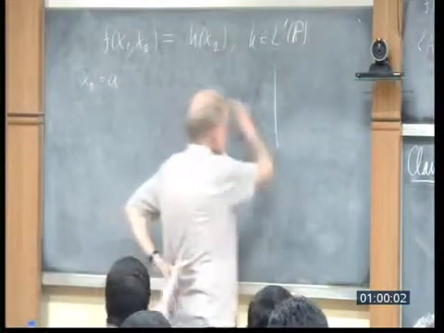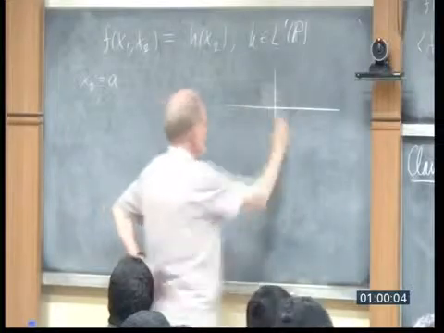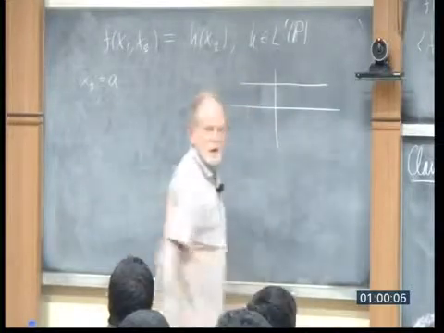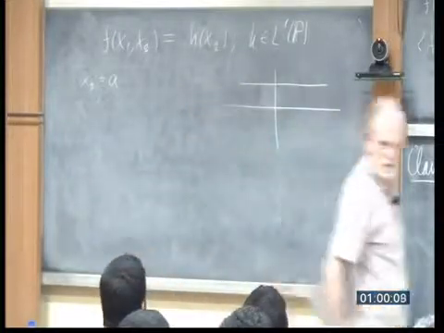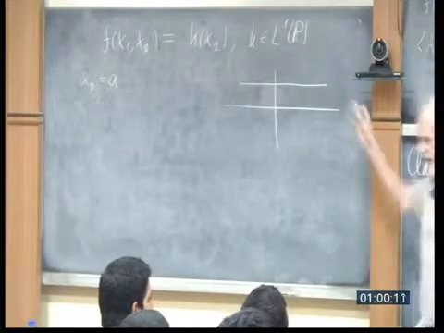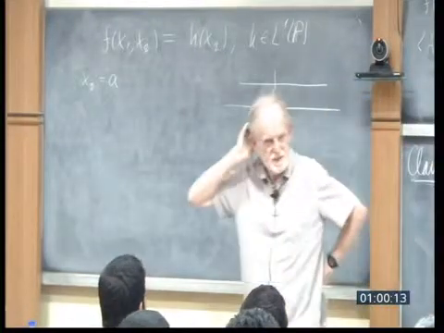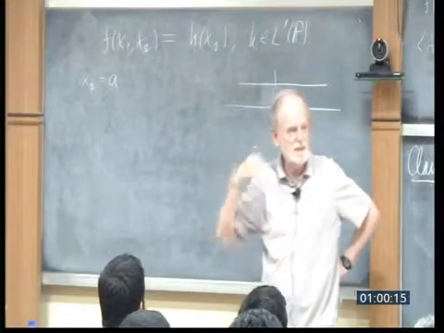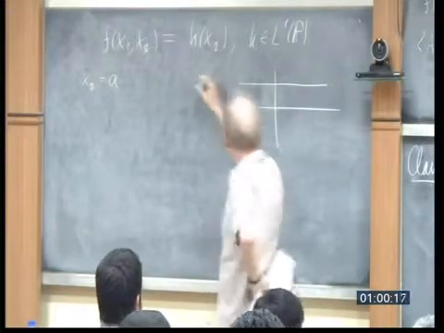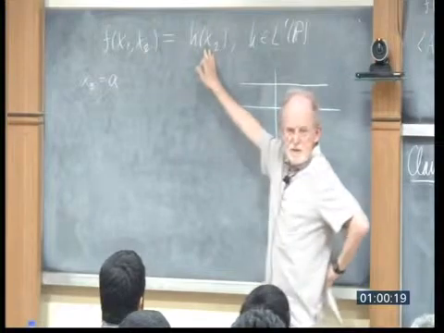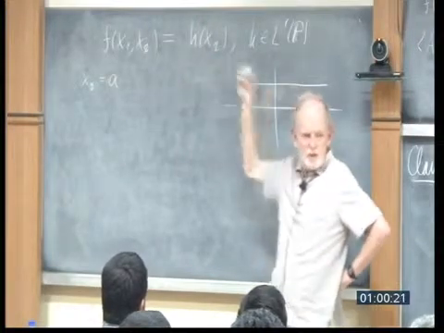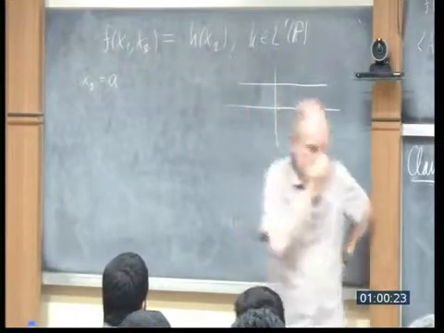I mean, here we have this nice function in the plane, and I want to speak about its restriction to such a line. It doesn't make sense because it is as impossible as talking about values at particular points of an L1 function.